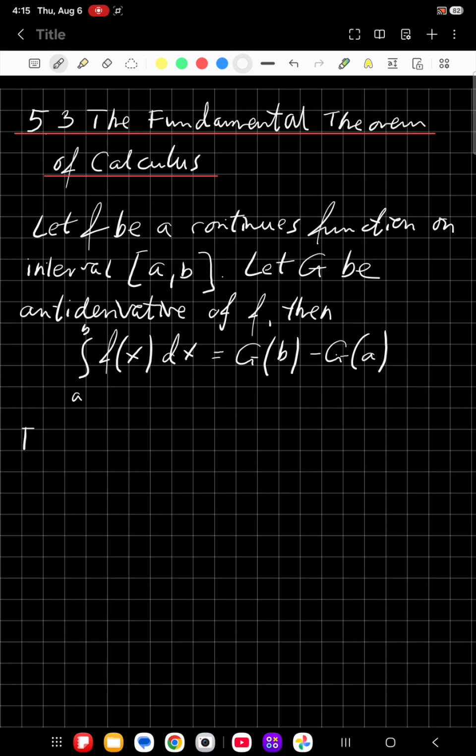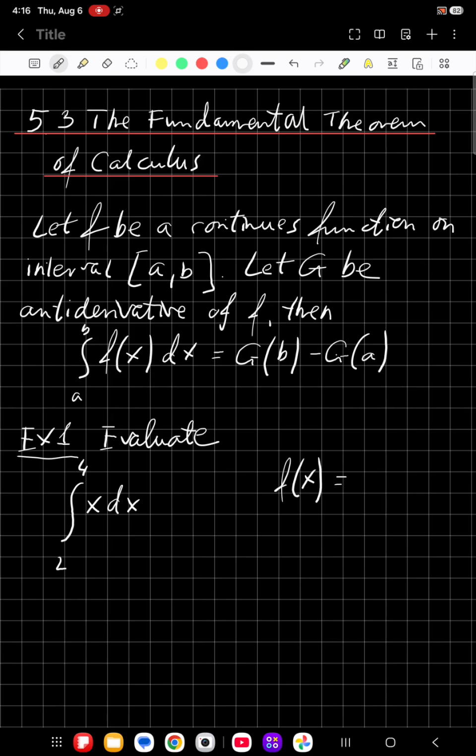Okay, so example 1, evaluate or find the area, right? So we have our curve, it's just y equals x. So let me write the problem, and then maybe I'll draw a picture of what's going on. So that f of x is just x, right?